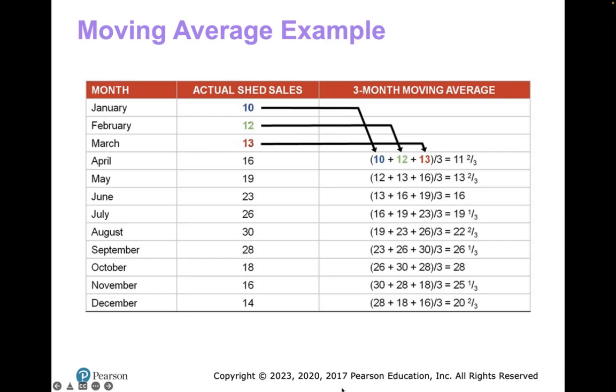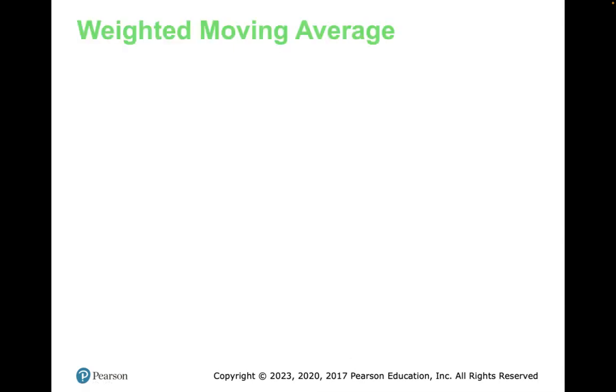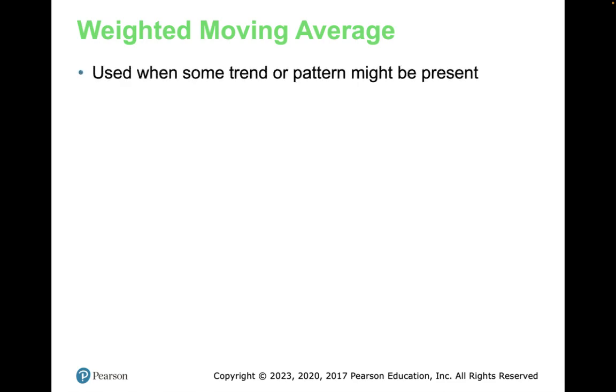With that being said, we can use a weighted moving average, which is similar to the moving average, but now we apply weights, which suggest some sort of priority. In other words, we're going to consider the data from the most recent periods to be more important, which also means the data from further back is less important. So that January month is not as important as that March month when we're predicting for April.